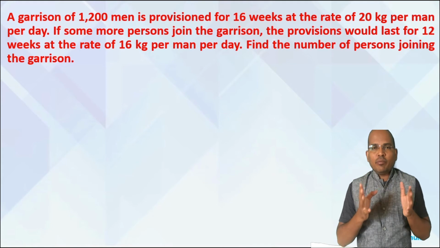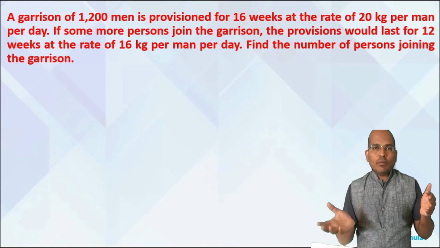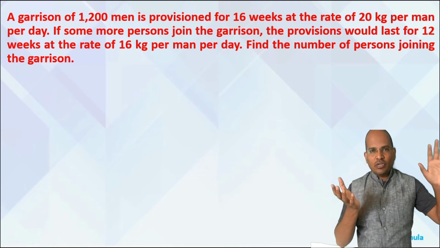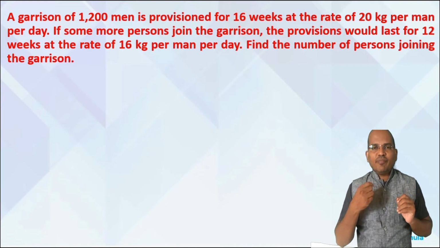Seems impossible, but that's the problem given to us. Now if some more persons join the garrison, the provisions would last for only 12 weeks at a rate of 16 kg per man per day. So more men, the food is constant, so common sense says days will decrease. Now find the number of men who joined.